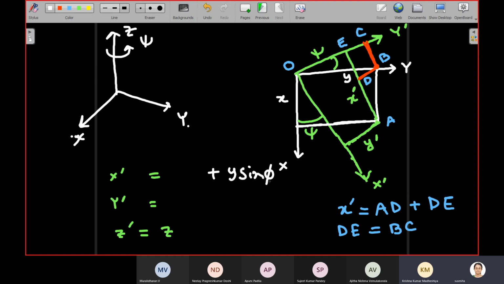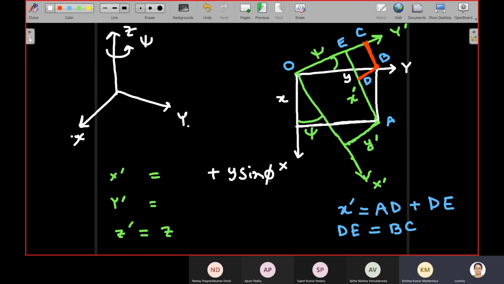How about AD? What is AD equal to? I want a response from someone else who has not given any answer. AD is the length, right?